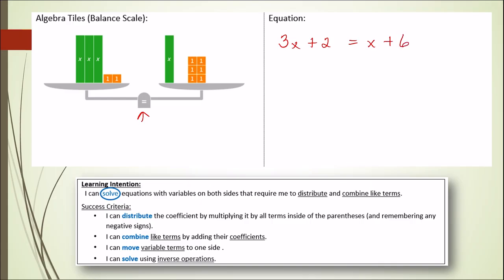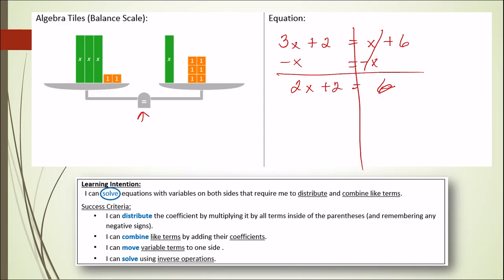So where do I have fewer variables? I have fewer on the right. So I'm going to subtract x, and I'm going to subtract x. So 3x minus 1x leaves me with 2x plus 2 is equal to, well, those are gone, 6.